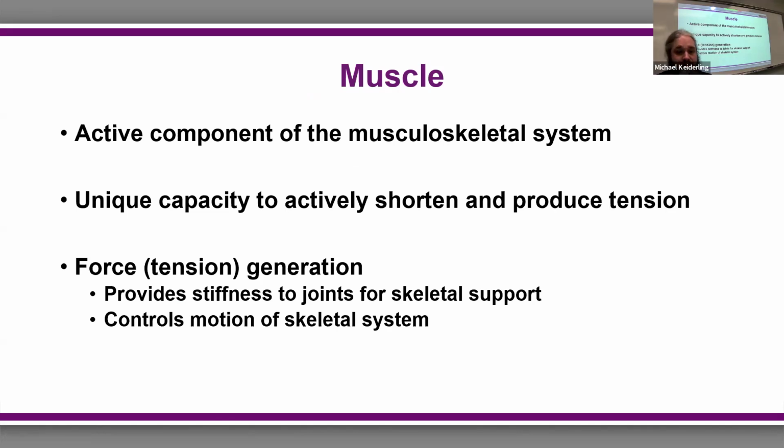So they generate force by shortening, and this provides stiffness to joints for skeletal support and also controls the motion of the skeletal system. So you have passive rigid segments that are actuated by muscles, which are active and can actively change their length. And when they get shorter, this generates tension.